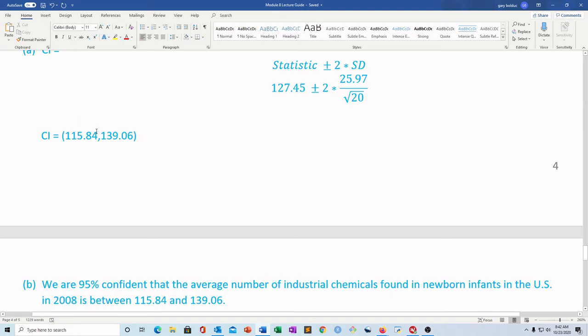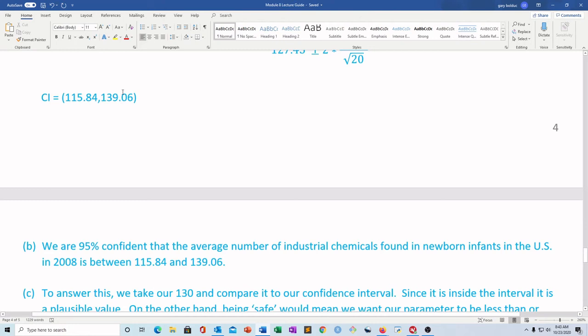But what's the problem? There are bigger numbers than 130 that are in this interval of plausible values. So it is plausible to us that the average could be 131, 135, 139. All of these numbers are plausible to us. And that's a problem.